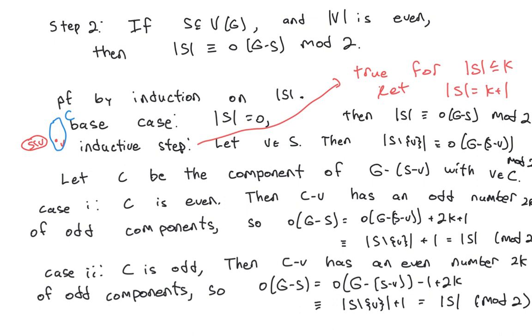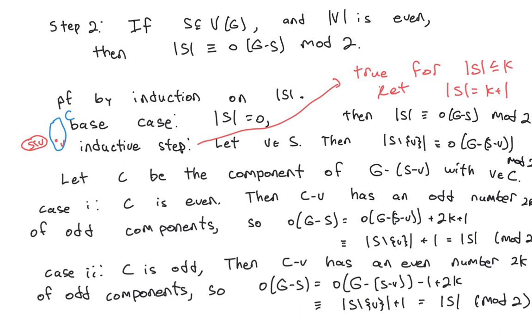So suppose this C was even. Then once I remove the vertex V from C, I'm going to create a bunch of new components. But more importantly, since C minus V is an odd number, it has to have an odd number of odd components. And so if I look at the odd components of G minus S, they were either components of G minus S take away V, or they're these new components that come from C, and there's an odd number of them.